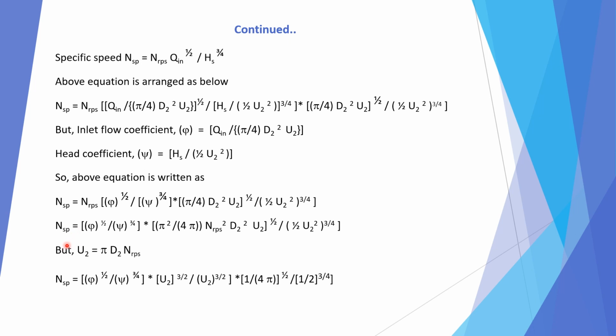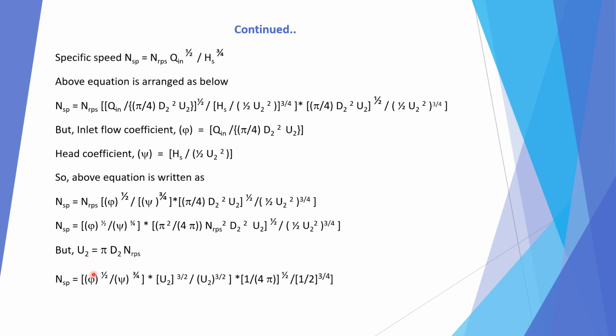Now further rearranging, NSP is equal to phi to the power half pi to the power half divided by psi to the power 3 by 4 into, now N RPS is brought inside, so it becomes a square, pi square upon 4 pi, (N RPS square D2 square U2 square) to the power half upon (half U2 square) to the power 3 by 4.